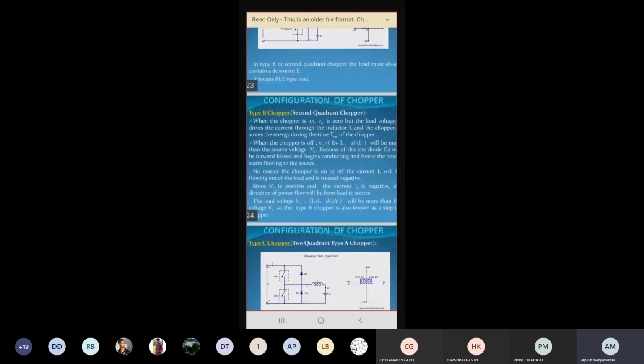So output current always remains negative and output voltage is positive. So the direction of power flow will be from load to source. So in this type B chopper, power flows from load to source.